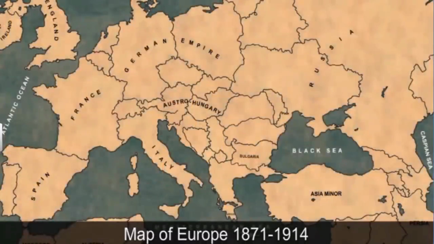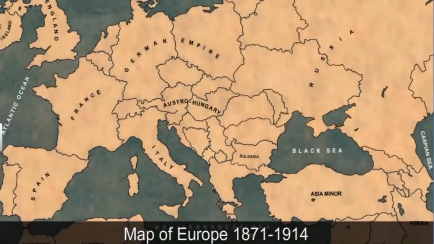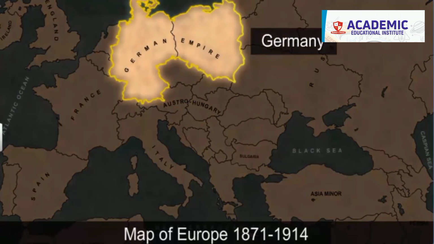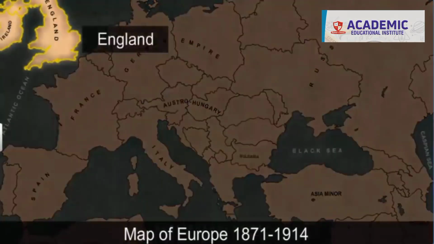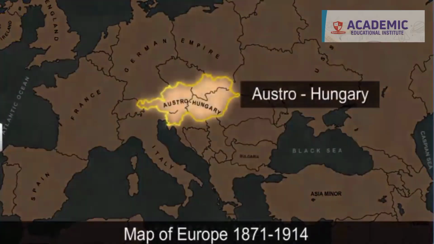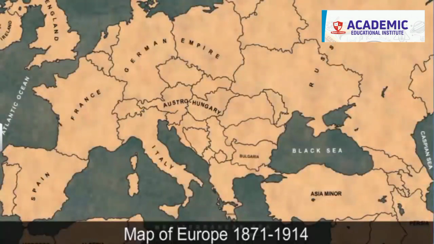This was a favorable situation for major European powers, namely Russia, Germany, England, and Austro-Hungary. They began taking advantage of nationalism in Europe to materialize their aims for imperialism.